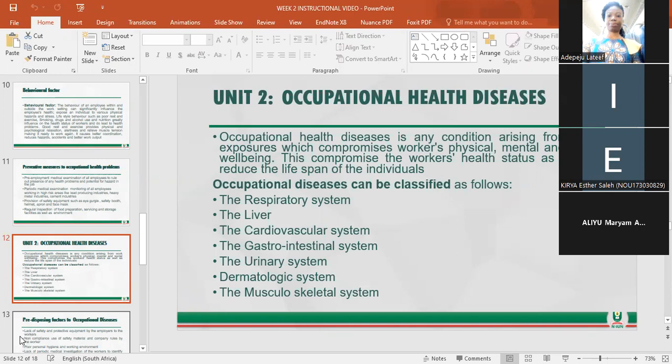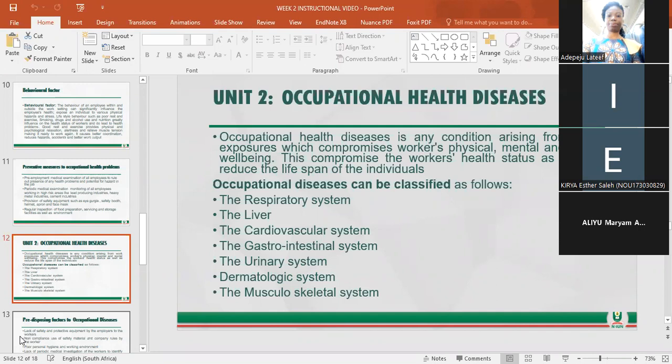Occupational diseases have basically been classified under respiratory disease. Any work that you do that predisposes you to respiratory challenges means you have a respiratory disease problem.